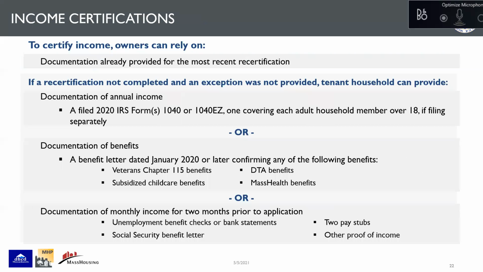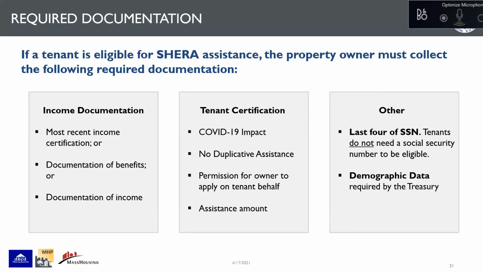And other information, the tenant does need to provide the last four of their social security number. However, a resident does not need a social security number to be eligible for the program. And finally, as required by the Treasury, the resident is providing some demographic data.